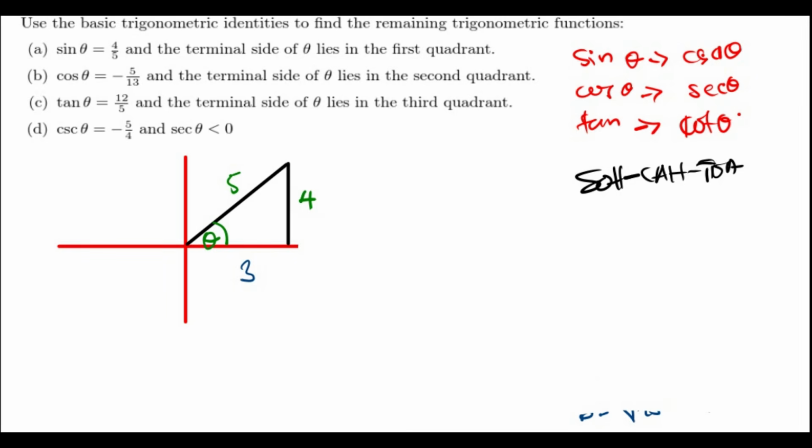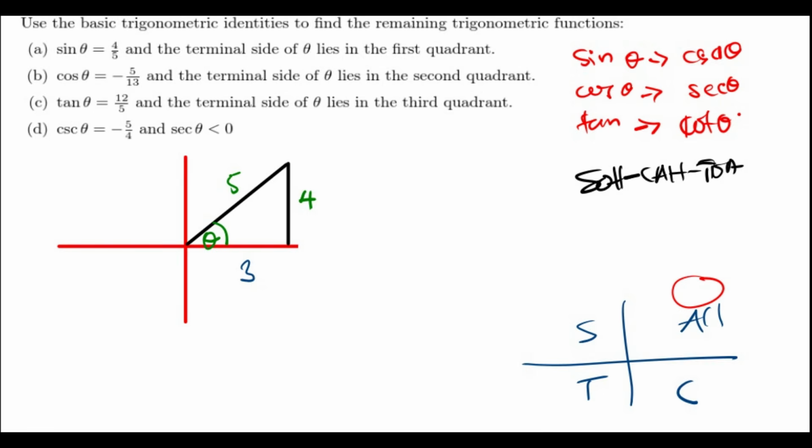Now let us look at this. All Students Take Chamber, meaning that all trig ratios in the first quadrant are positive. So sine is positive, cos is positive, and tan is also positive.